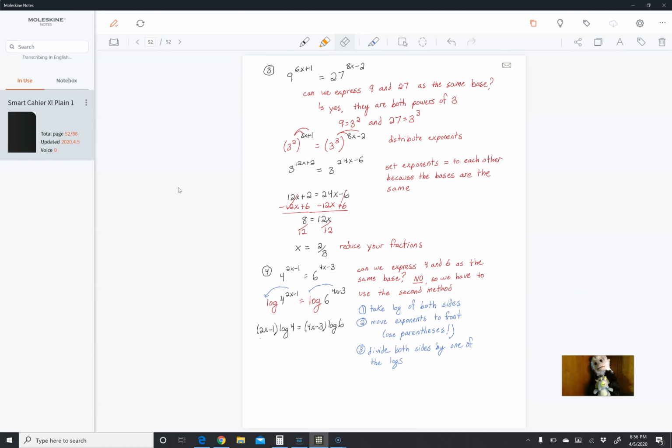So I'm going to divide both sides by log of 6. Just because then on this side, I'm multiplying by 2 and a 1 instead of by 4 and a 3 on this side. That would be the only reason for doing it.